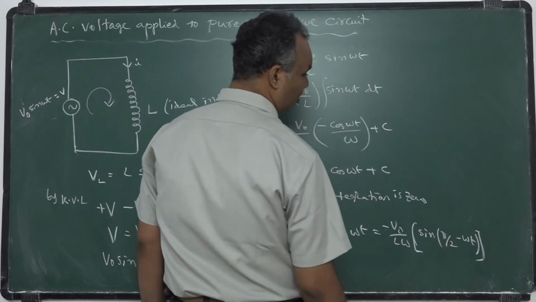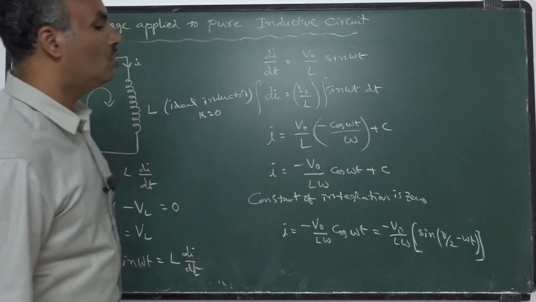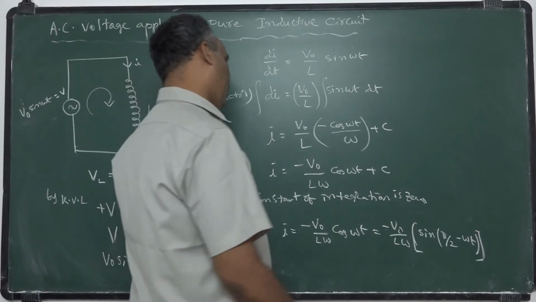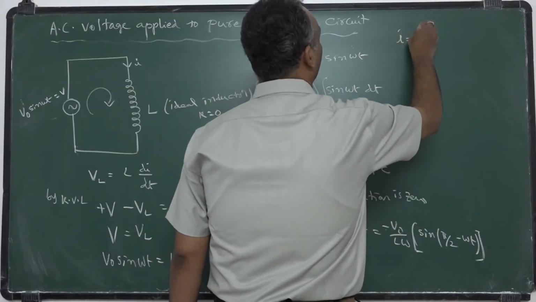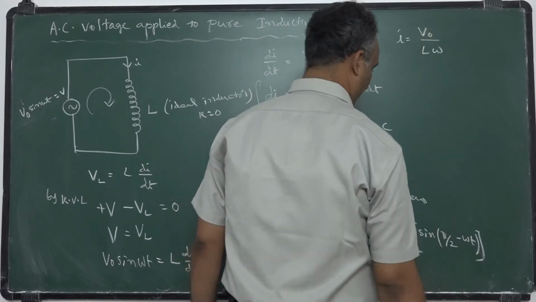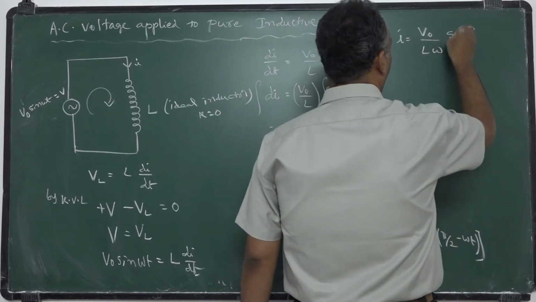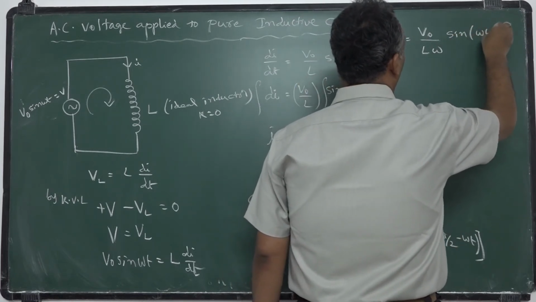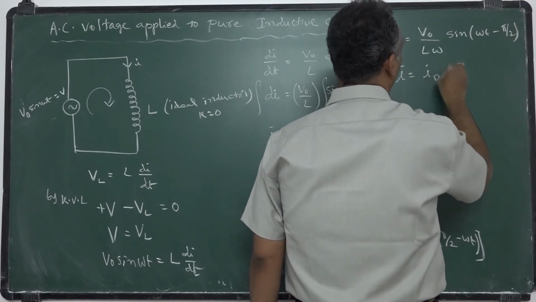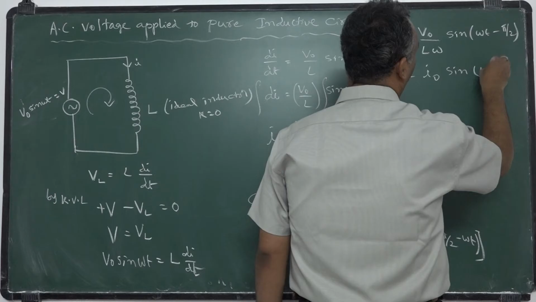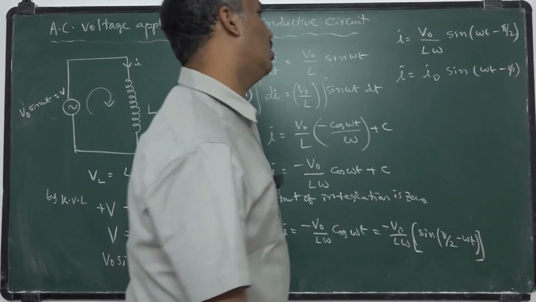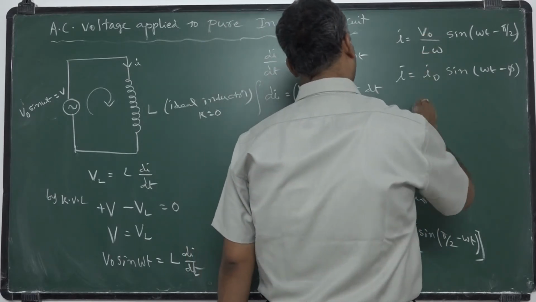And if I take this minus inside the bracket, you will get I is equal to V naught by L omega sin (omega t minus pi by 2). It is in the form of I is equal to I naught sin (omega t minus phi). So here this quantity must represent the peak value of current.